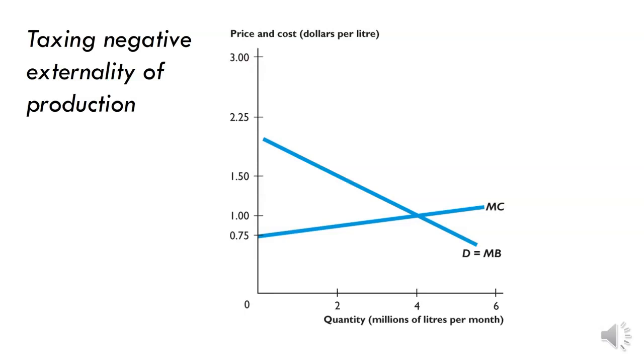So let's say we can impose a tax. So this would be taxing a negative externality of production. It's called a Pigouvian tax after Arthur Cecil Pigou, who came up with it. So we've got our initial equilibrium point, but what the government notices is that as output increases from small amounts, the amount supplied increases by a small amount, the external effect on others gets larger.